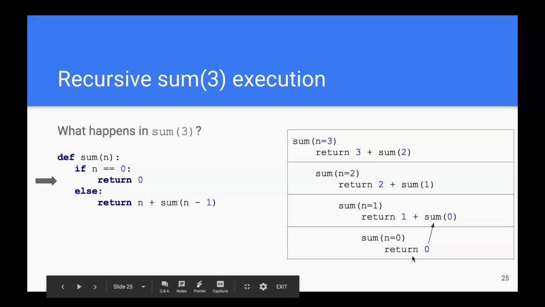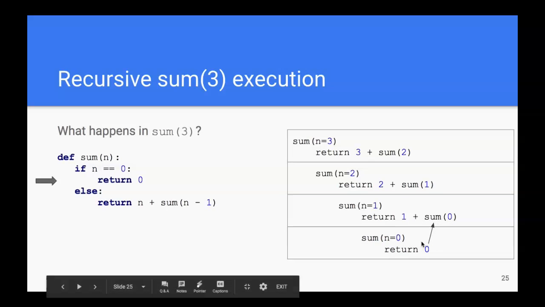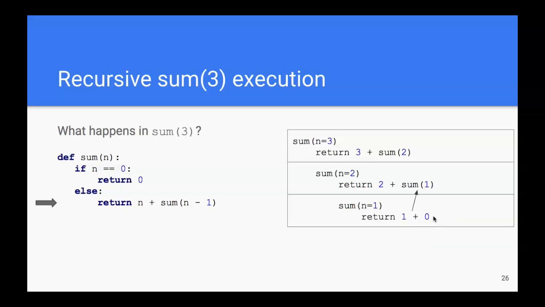So remember how we got into here. We got into here because in the previous case, when we were trying to calculate sum of n minus 1, n minus 1 is 0. So now when this guy returned, this 0 gets returned to this place. We replace the sum of 0 with 0.